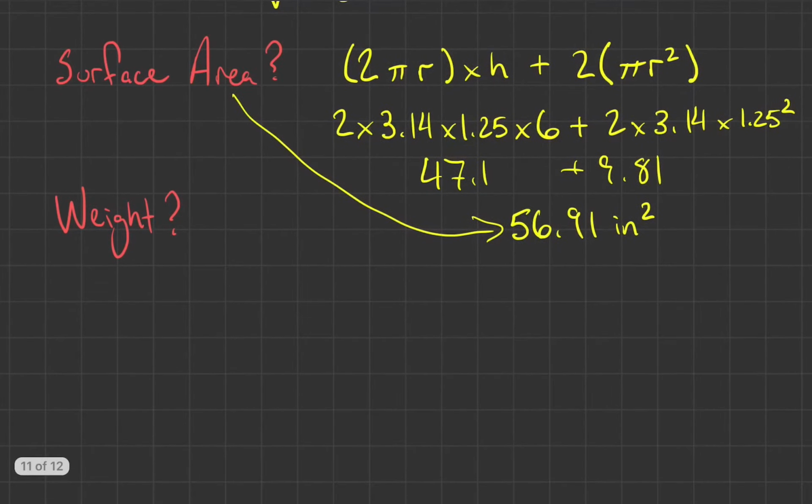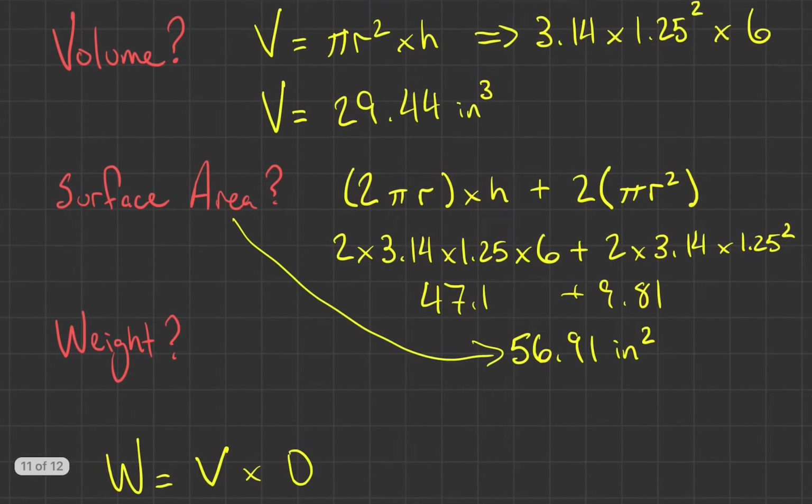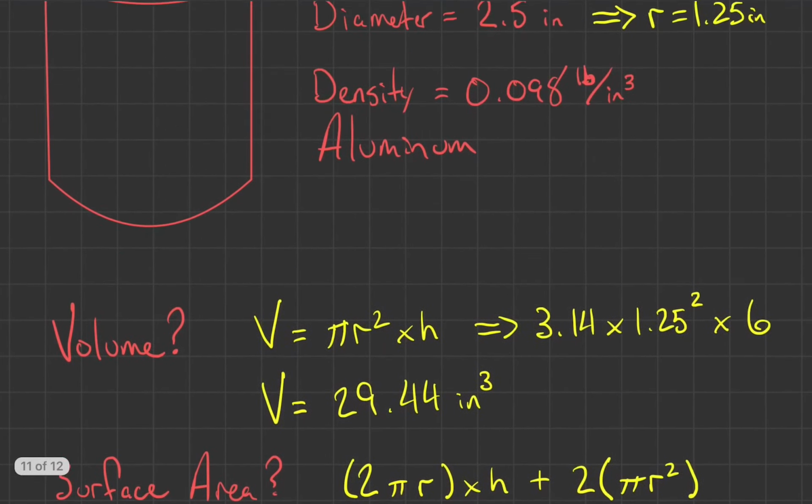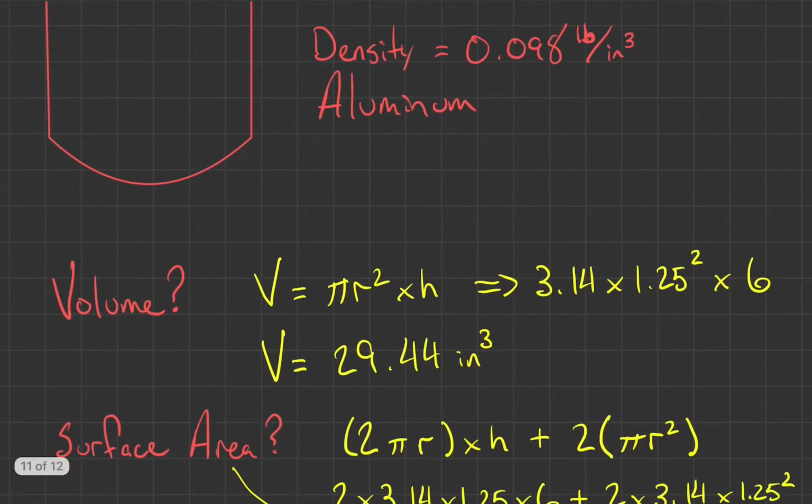Okay, and then weight. If you recall the formula for weight, weight is equal to your volume times your density. Okay, we calculated our volume up here. It was 29.44 inches cubed. Okay, and then we were given density all the way at the top, 0.098.